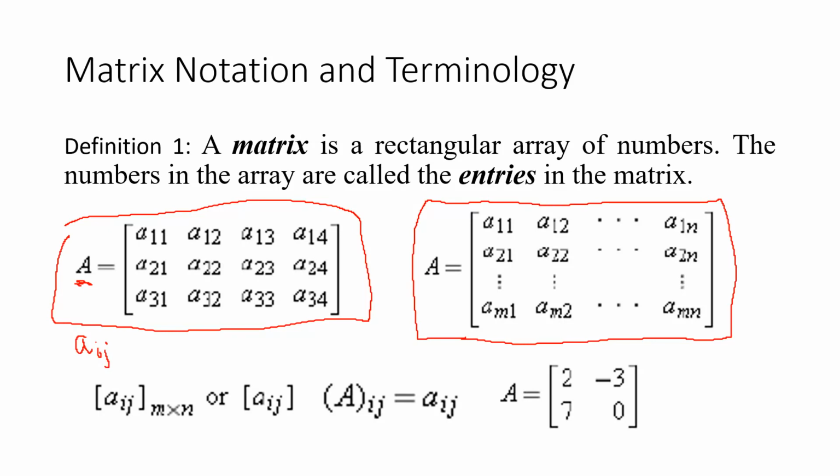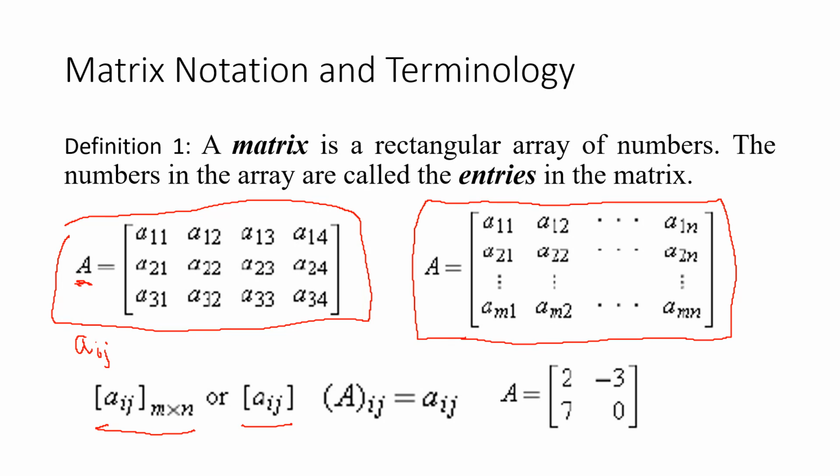When a compact notation is desired, the preceding matrix can be written this way or this way. The first notation is used when it is important in the discussion to know the size, and the second notation is used when the size need not be emphasized. Usually, we will match the letter denoting a matrix with the letter denoting its entries.